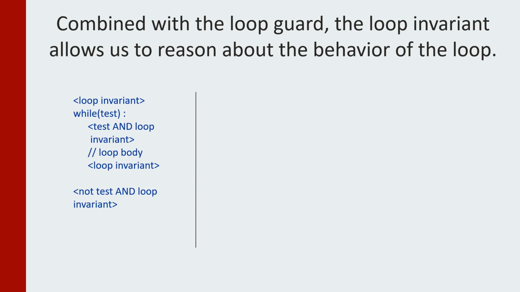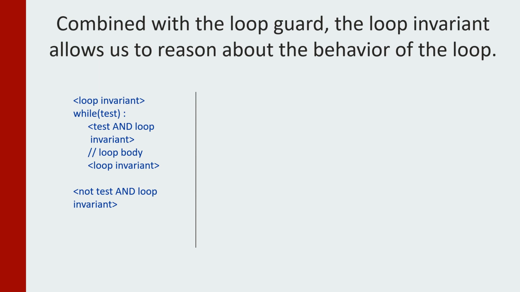And so in general, the code structure will look like this. You have a loop invariant, something that you know is true before you go into your loop. You have some tests. Inside your loop, at the beginning, you know the test and the loop invariant is true. Then you have your loop body, and then at the end, the loop invariant will be true again.